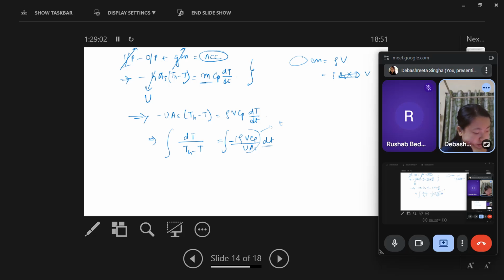And here, at t equal to 0, T is equal to Ti. At t equal to t, this is the final temperature, T is equal to T. Okay. Then you get such.